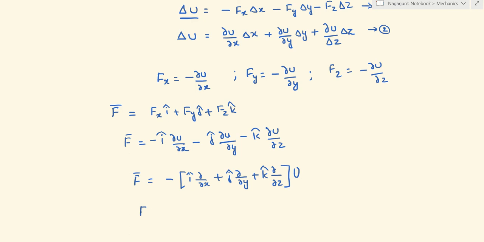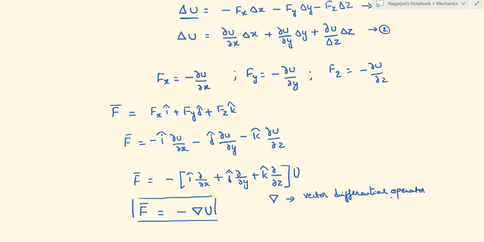In other sense, F bar is nothing but minus del U. We call this the gradient of potential energy. So, conservative force can be expressed as the negative gradient of potential energy. Remember, del is called a vector differential operator. When del is operated on a scalar function, we always get a vector quantity.